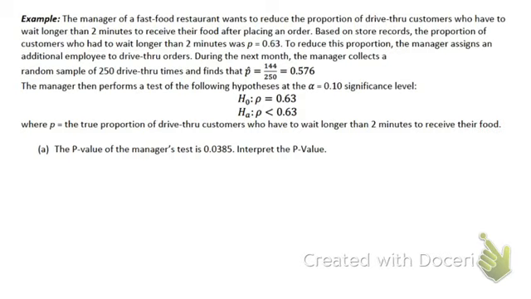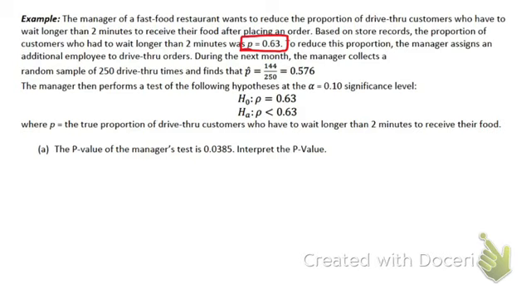The manager of a fast food restaurant wants to reduce the proportion of drive-through customers who have to wait longer than 2 minutes to receive their food after placing an order. Based on store records, the proportion of customers who had to wait longer than 2 minutes was p equals 0.63. That is the status quo.